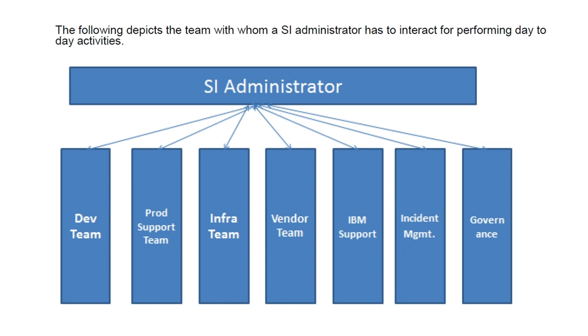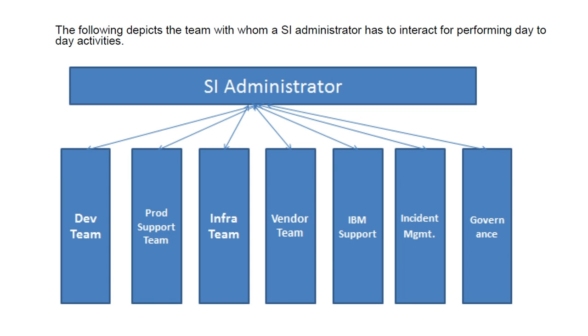You basically oversee all that, because you don't want some code to go into production and impact the overall performance of the application, which would impact all the connectivity, all the external and internal systems. So definitely you need to work closely with your dev team.